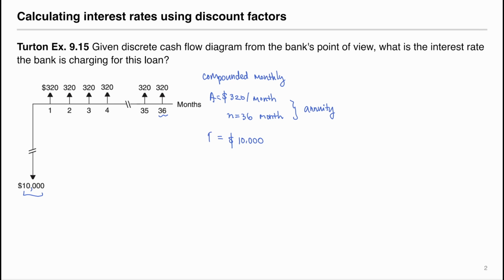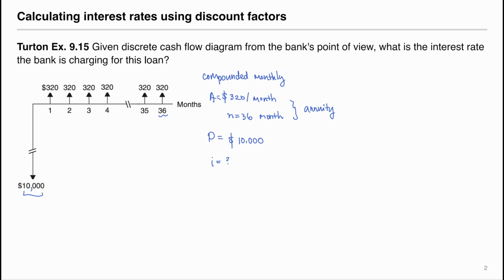That is the present value of the loan. What we want is the interest rate. What we know is n equals 36. To do this, we can use the discount factor, either A over P or P over A.